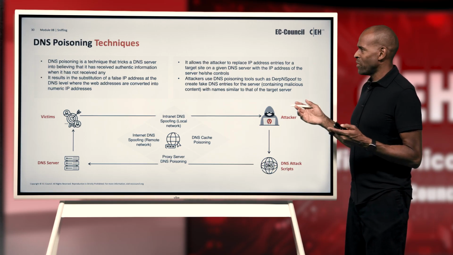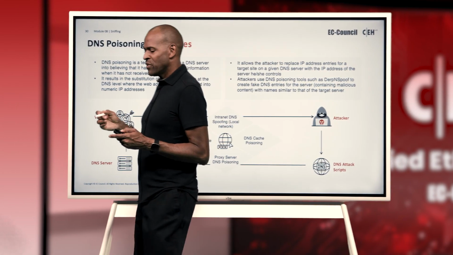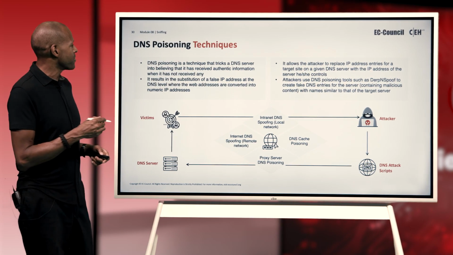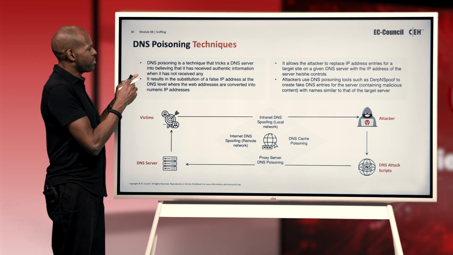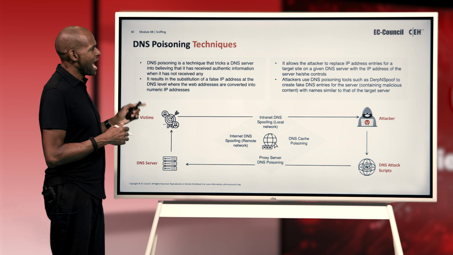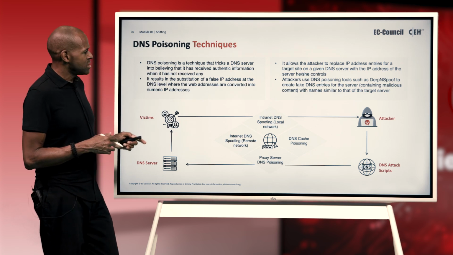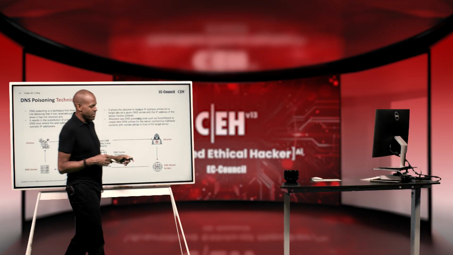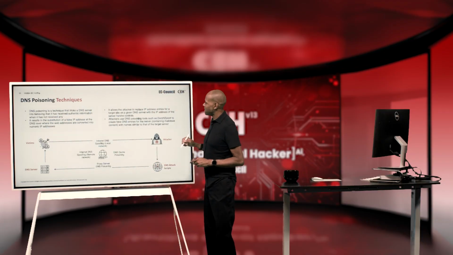So we have a few different poisoning techniques that we want to talk about. If we look at the first bullet point over here, we have a DNS server, and it believes that it got an authentic update, but in reality, a hacker gave it the update. And so we give it the IP address of a rogue resource where perhaps a script can be run.